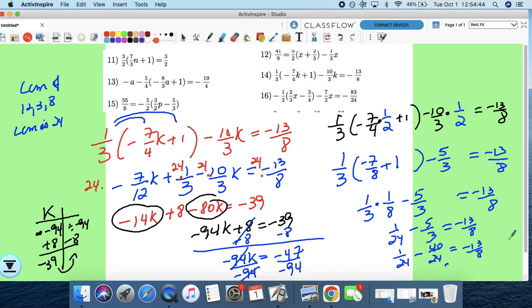Yeah, there's something wrong over here. It's positive half. One and 5/8 should be my answer, and I'm not getting that for some reason. I messed up. Let me just double check.